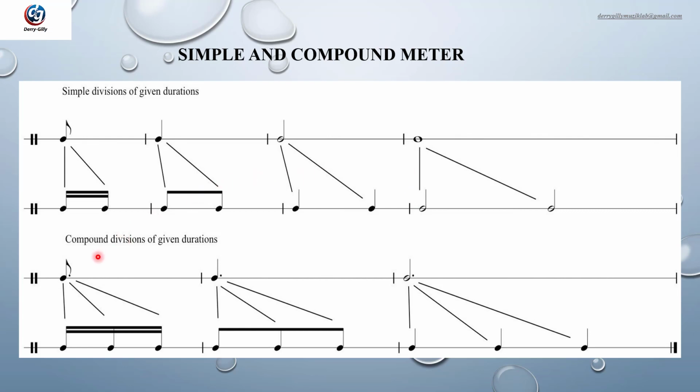When we look at the second one, the compound divisions of a given duration, this one has been divided into three, this one also into three, this one also into three, and we say that the prevailing background pulse may be divided into three proportionally equal portions, and that is the compound time. So this is the simple division and this is the compound division.